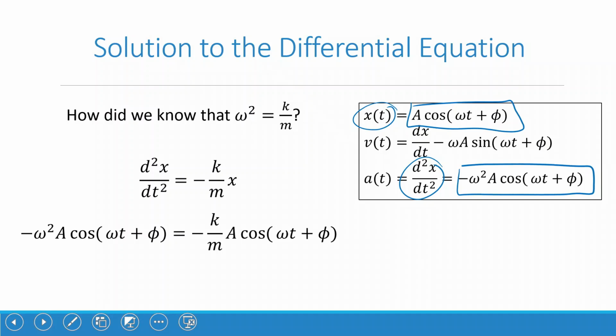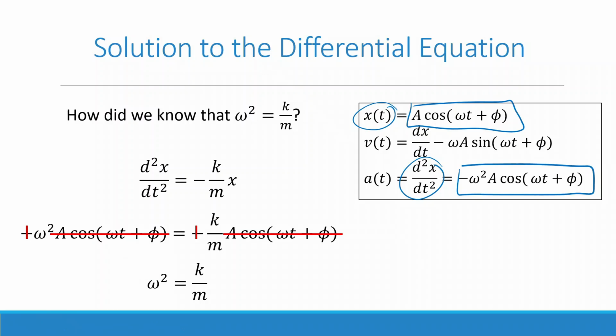So if we do that, and you can compare, we can see that the cosine of omega t plus phi appears on both sides of the equation. So if we were to divide out, it would disappear, as well as the amplitude of the oscillation also would divide out. And the negatives would cancel. So we had negatives on both of those. And we'd be left with omega squared is equal to k over m.